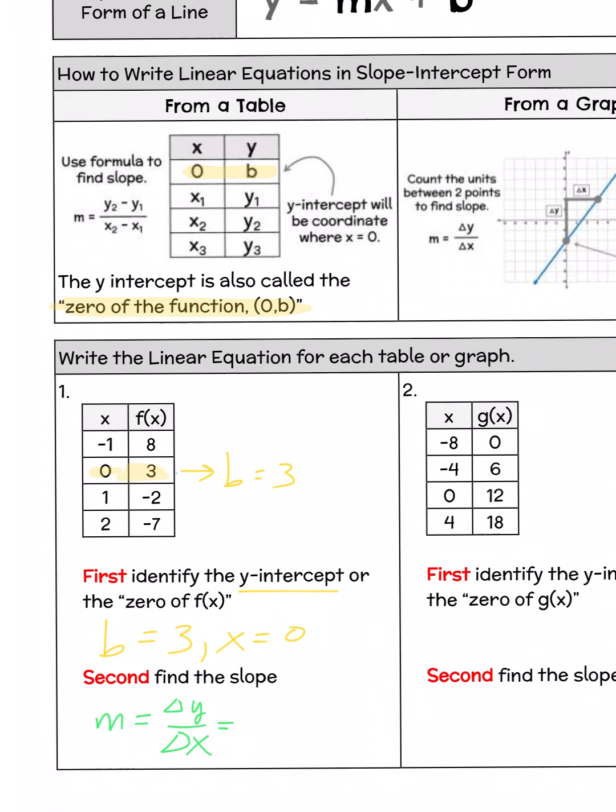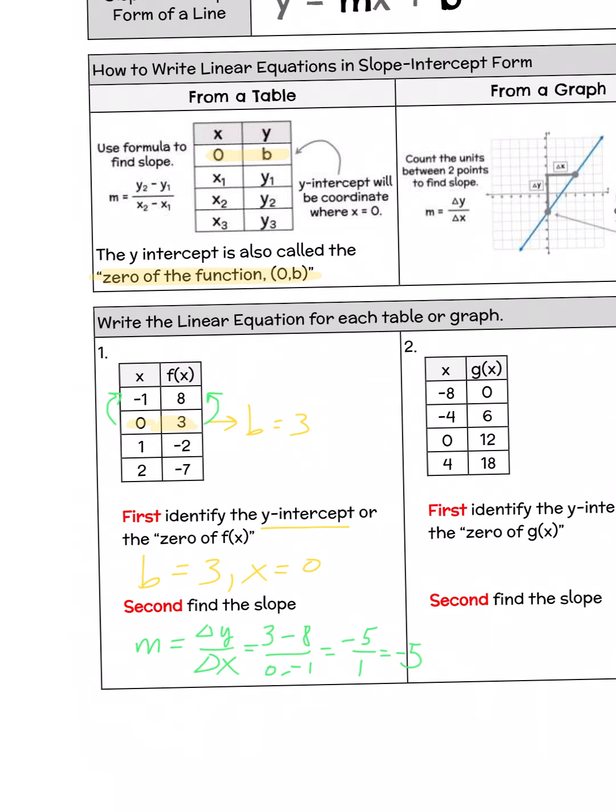I'm going to take these two, 3 and 8, and subtract in this order: 3 minus 8, divided by the subtraction of their corresponding x points, in this case 0 and negative 1, in that order. So 0 minus a negative 1. This gives me negative 5 divided by 1, which is just negative 5.